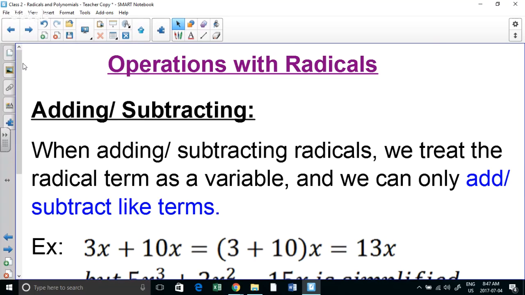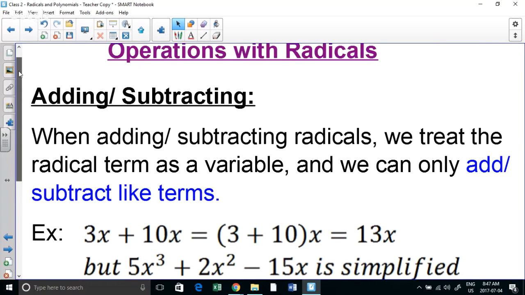So we talked about simplifying, just like with fractions, and then we talked about adding, multiplying and dividing. There are two more things that we want to do, and we're going to cover those today. The first thing is adding and subtracting. I'll let you copy down what you are missing, and then we'll talk about it.